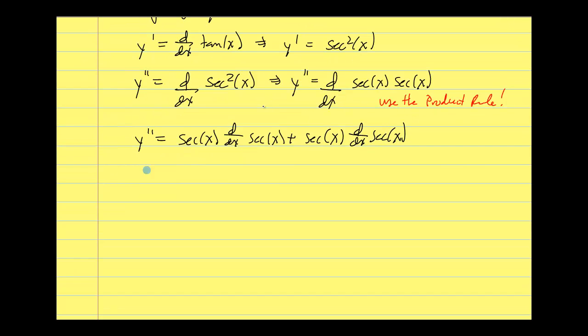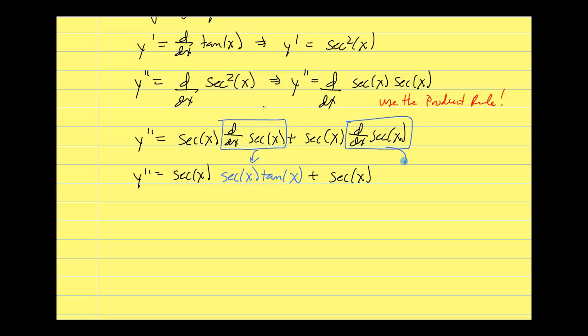And then we can actually go through and take those derivatives. So the derivative of secant, remember you have to memorize those derivatives, is going to be secant of x tangent of x. The derivative of secant of x over here is going to be the same thing.